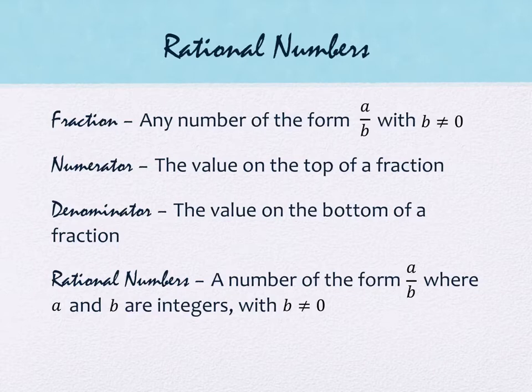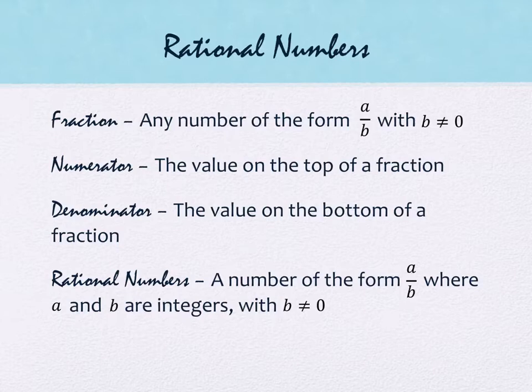So just because I can put things with a fraction bar, between a top and the bottom, doesn't make it a rational number. I have to be able to write the numbers on the top and the bottom in an integer form. Now, let's say, for instance, that you did have 0.5 over 2. Well, 0.5 is not an integer. But I could change 0.5 over 2 into something that has equal value to an integer.